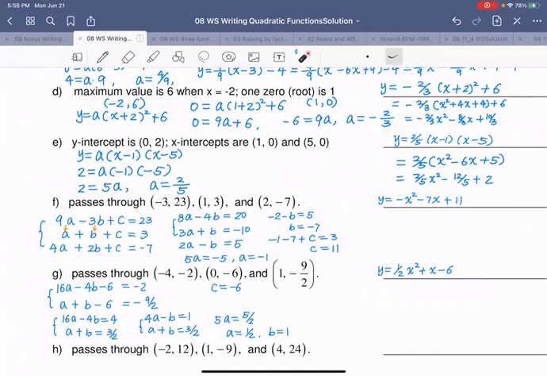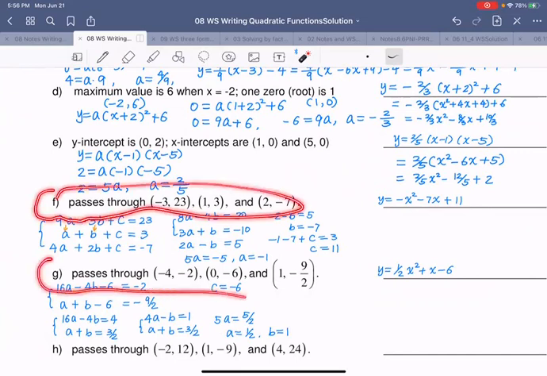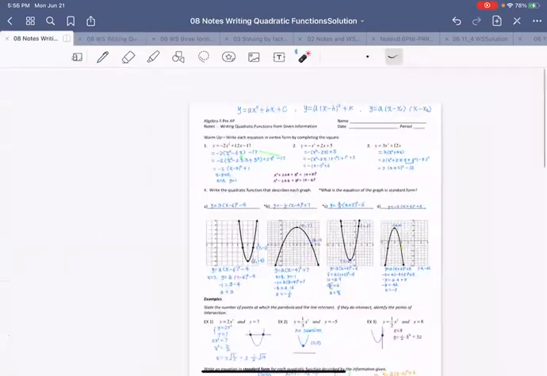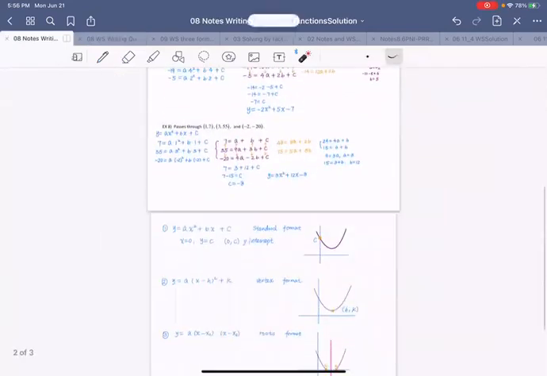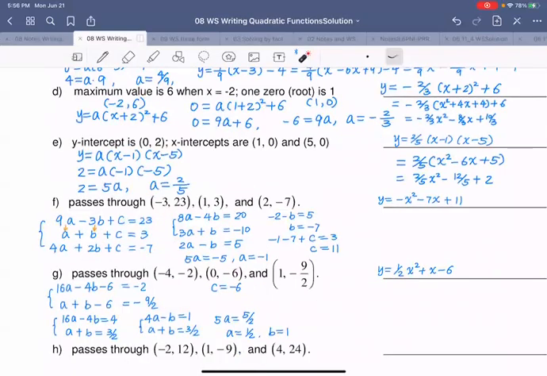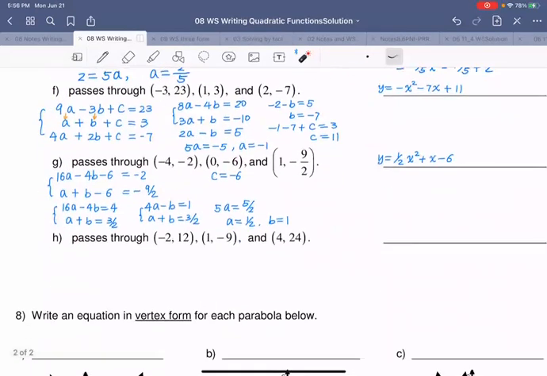Feel better? Okay. Next question, F and G are similar to the one we did just now. By plugging into the standard format, you will be able to solve the system of linear equations with 3 variables. F, G and H are all similar.